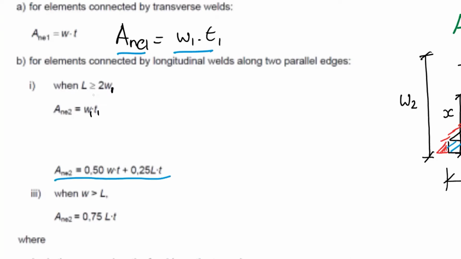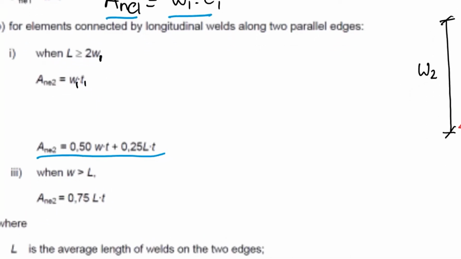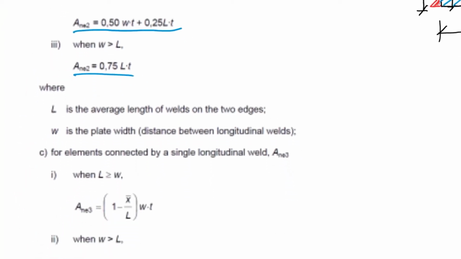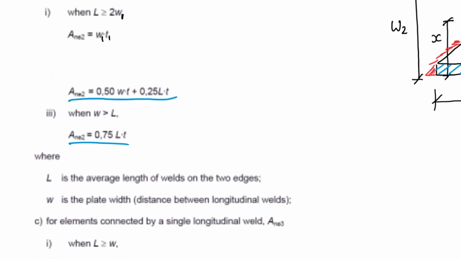For a long weld, length greater than twice the width, it'll be most of that area. When W is greater than L, then you have that value, and so either it's quite a lot or a bit less. So it progressively decreases as the weld gets shorter, and less of the total area is effective.